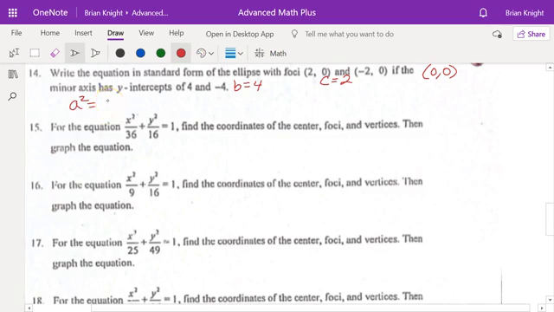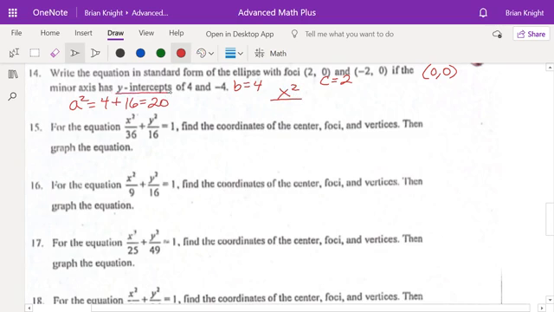So that would be 2 squared is 4, plus 4 squared is 16, so A squared is going to be 20. And then we just write it again, so we're going to have x squared over 20 is the bigger one. And again, it said y-intercepts.